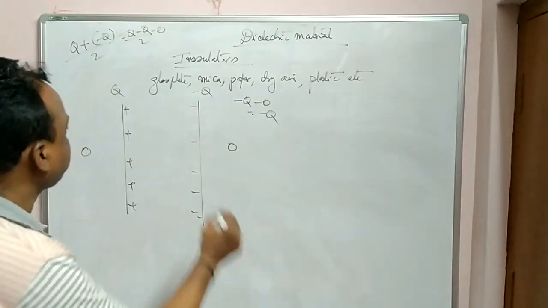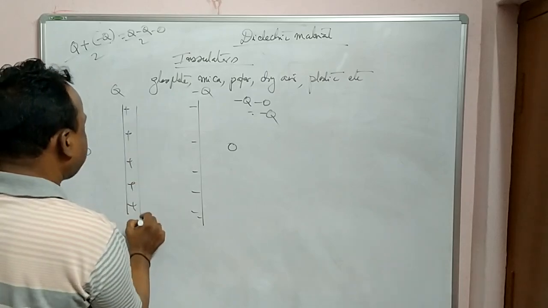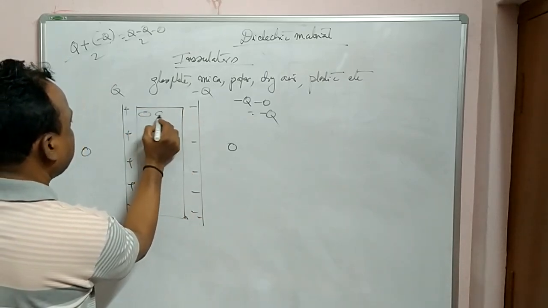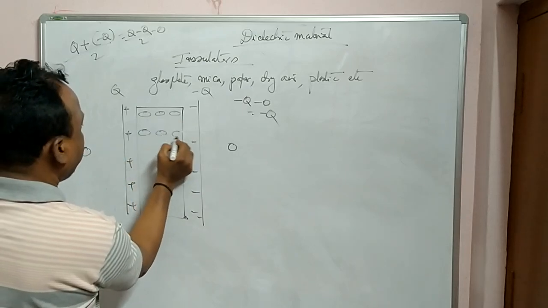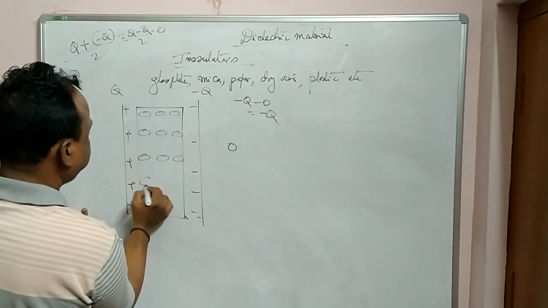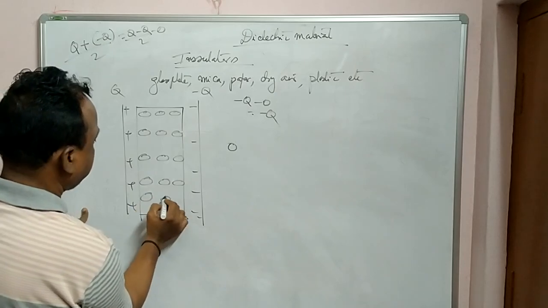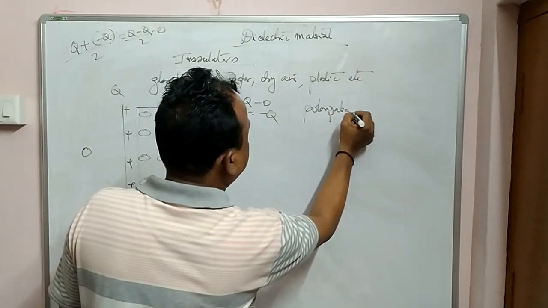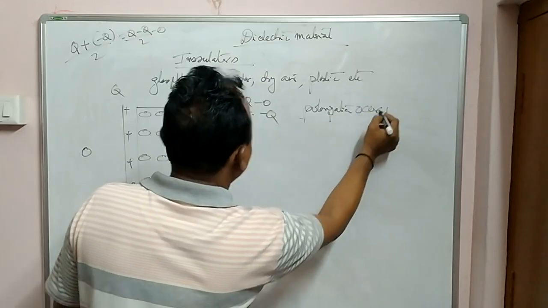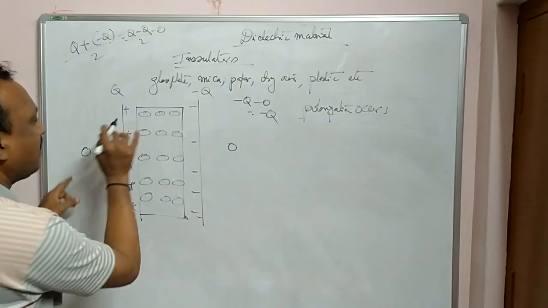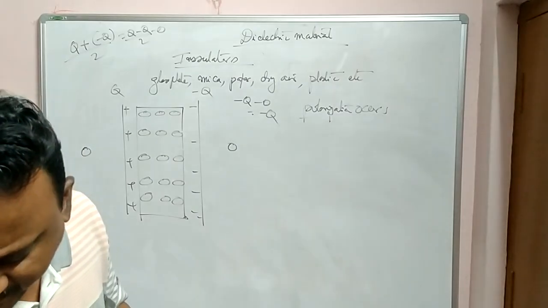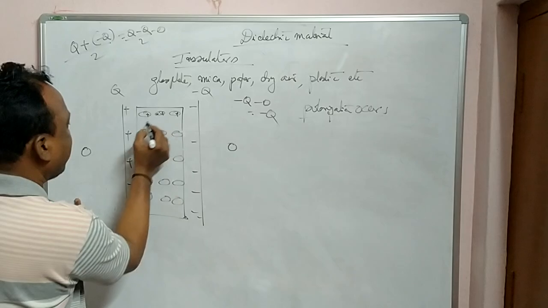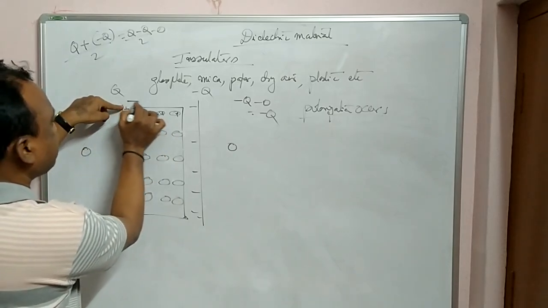Now in between, if you put some dielectric material like a glass plate or whatever, when you put these dielectric materials, polarization occurs in it. So what is the polarization here? All the positive charges will go to one side, and negative charges to the other side, because you know the field always goes from positive to negative.